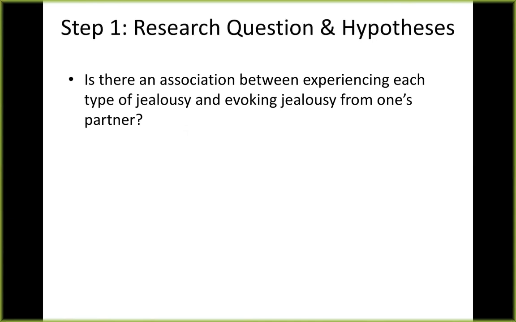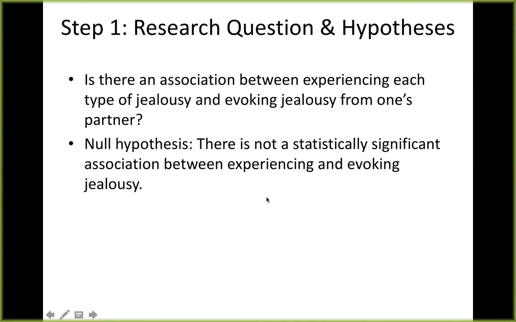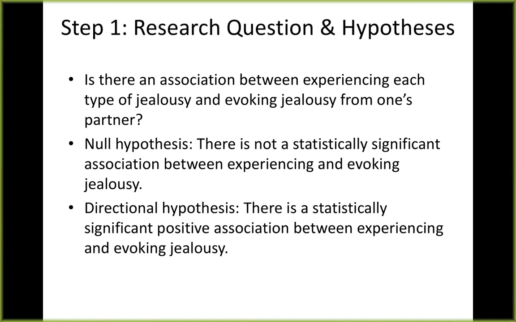And the cognitive jealousy scale is kind of your suspicion of your partner in a lot of ways. So the null hypothesis would be that there is not an association between experiencing and evoking jealousy. The directional hypothesis would be that there's a positive association. A non-directional hypothesis would just be that there is some association there.